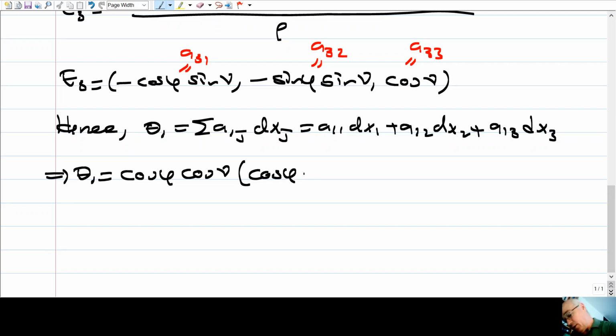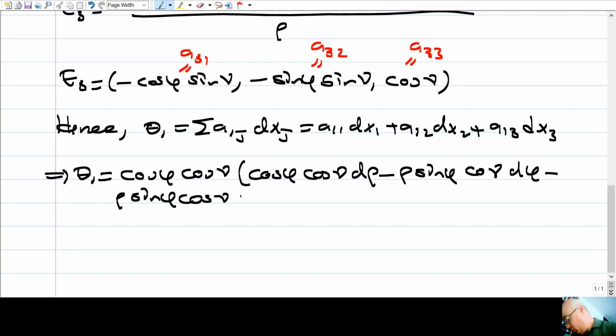This is cosine phi cosine nu d rho minus rho sine phi cosine nu d phi minus, okay, so minus rho sine phi cosine nu d... no, this is not correct, sorry, cosine phi sine nu d nu.